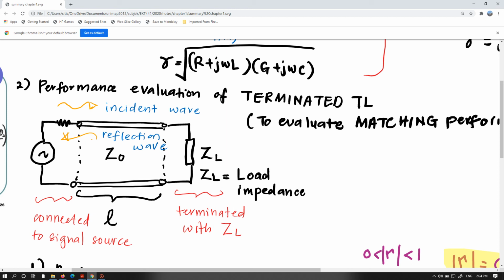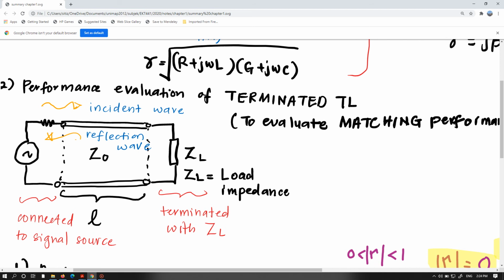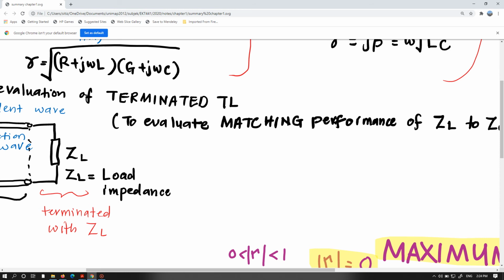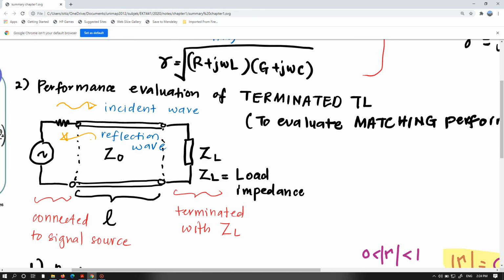With this evaluation, we want to see how much of our signal can be transmitted to the end of the load. So we have to evaluate the performance of the transmission line to see the matching performance. When we put the load at the end of the transmission line, which has a Z0, we want to see the matching conditions of this connection.